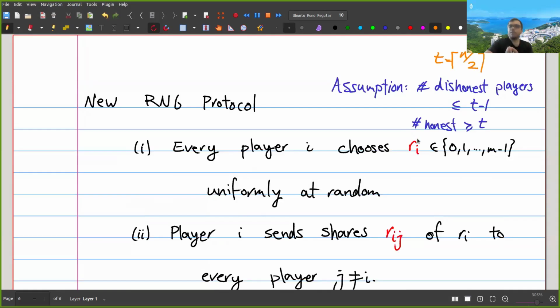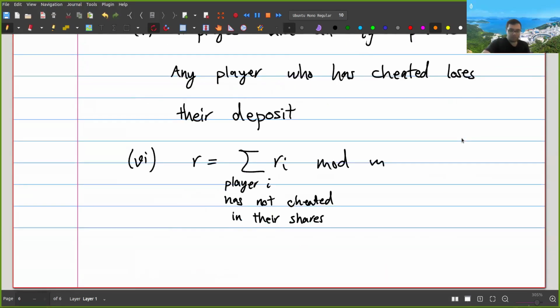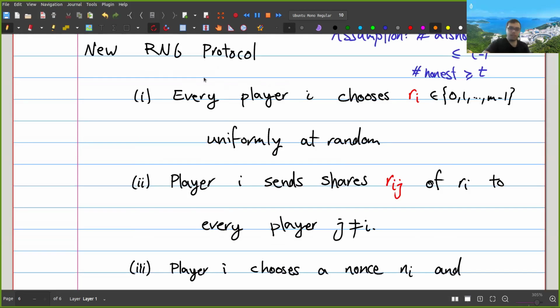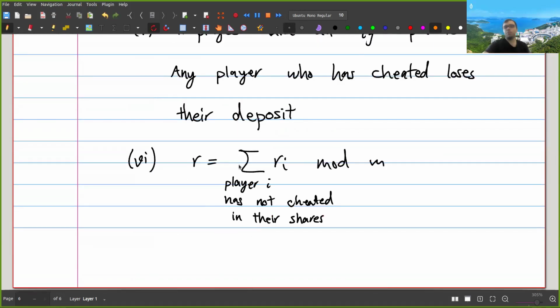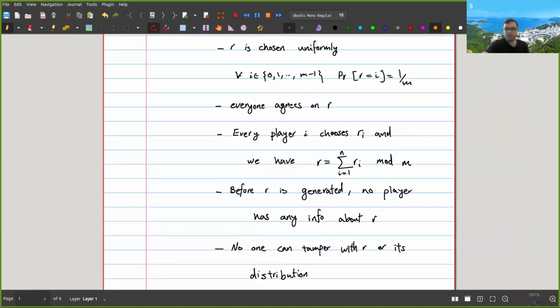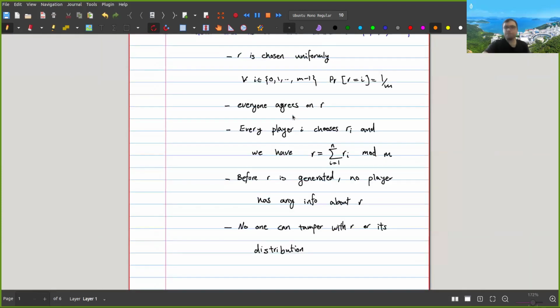But now I'm using secret sharing, and for my security, I need a stronger assumption. I need to assume that a majority of the players are honest. But that's fine. I guess in many use cases, you can have this assumption. And if the majority of the players are honest, then this new random number generation protocol would work. And it will give us all of the desired properties that we wanted here.